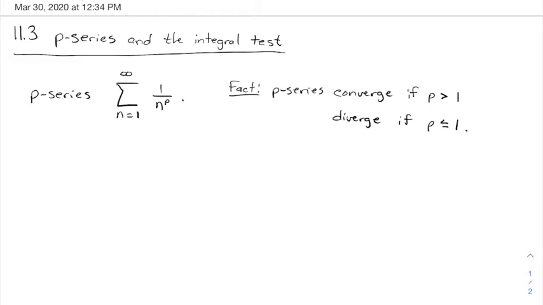So in the previous section we learned about geometric series, and here we're learning about p-series. These are two types of series that are well behaved, and we're going to later compare other series to these two types.